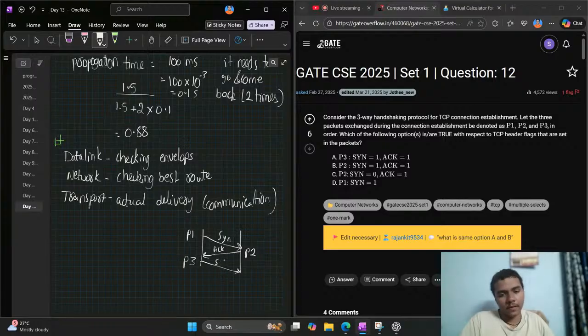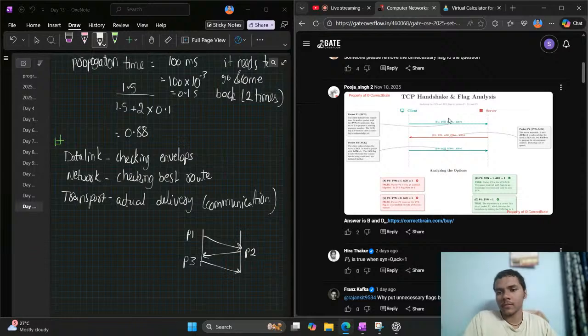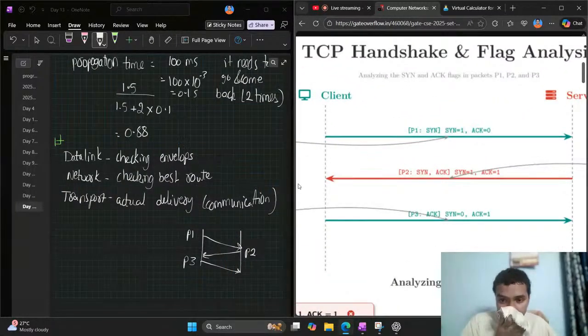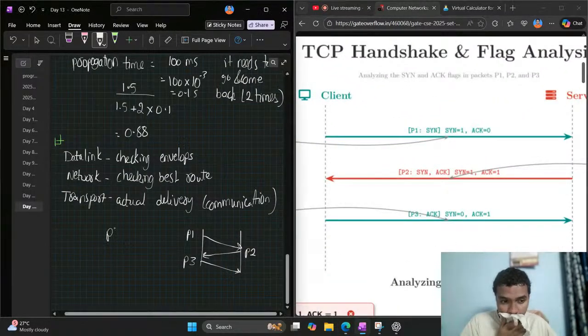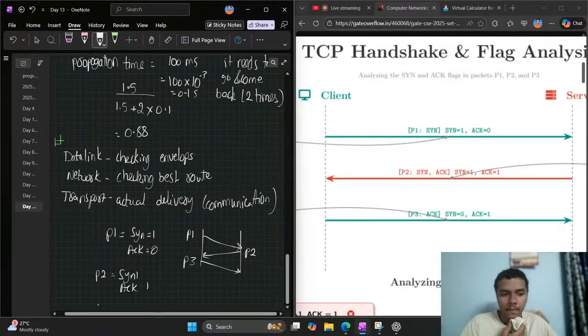Okay, wait. That's not how it works. I forgot how that one is. Yeah, syn 1, acknowledgement 0, syn 1, ACK 1. Alright.